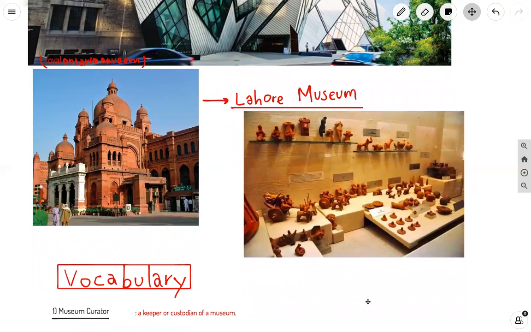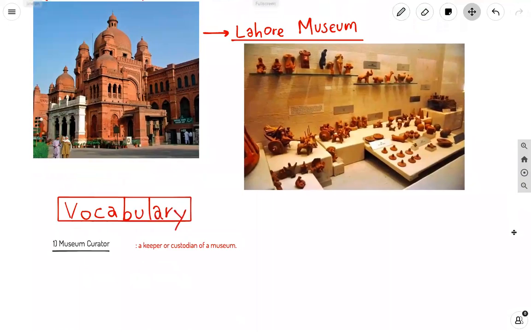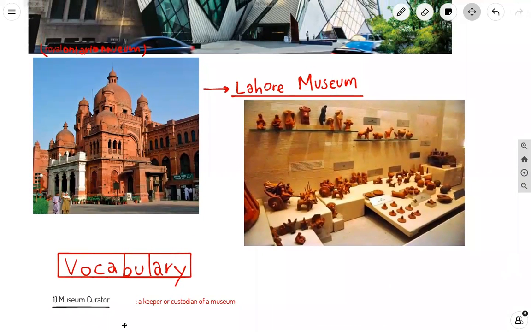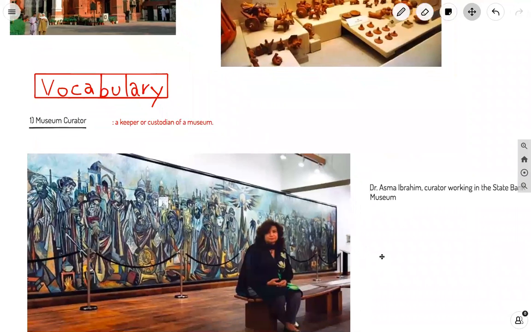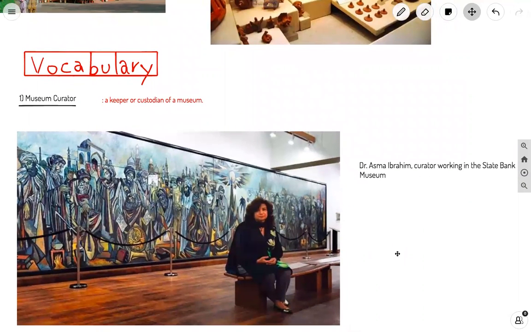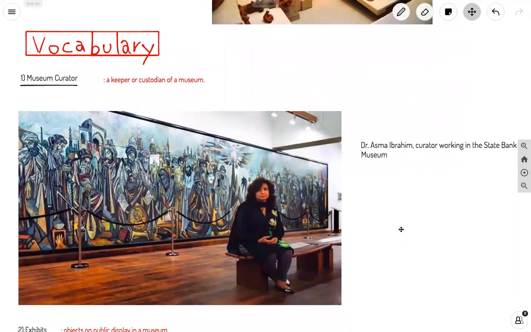And now we move on to vocabulary, very, very important. So right here, I have the word museum curator. Who is a museum curator? Well, I have a very good example of a curator, and from that we will get a better understanding of what the person who has that responsibility of being a curator does.